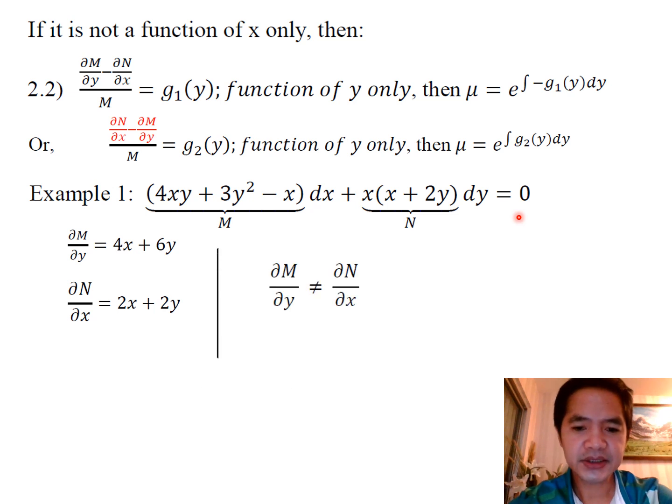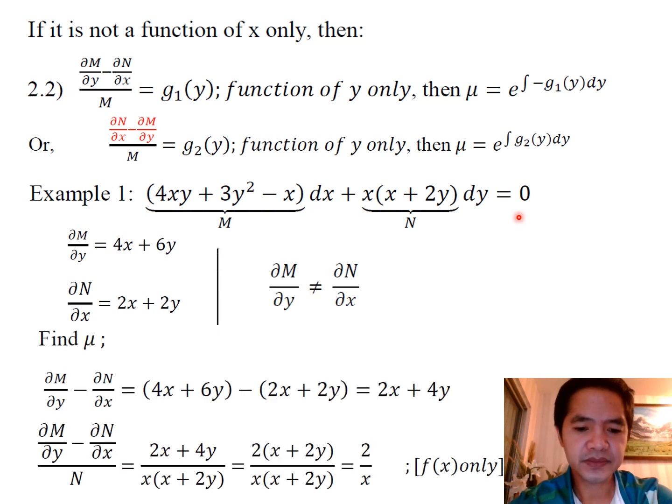Let's take a look at an example. In this example, we have 4xy plus 3y squared minus x, in this parenthesis, dx. This goes with M, the function of M, plus x times, in this parenthesis, x plus 2y, dy.